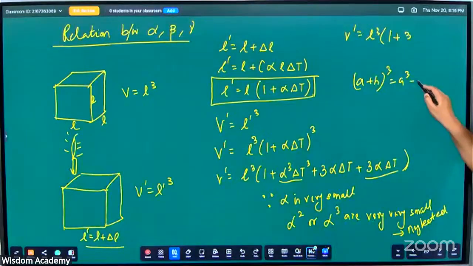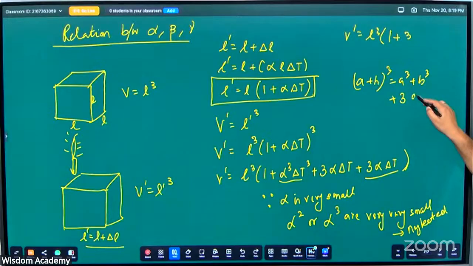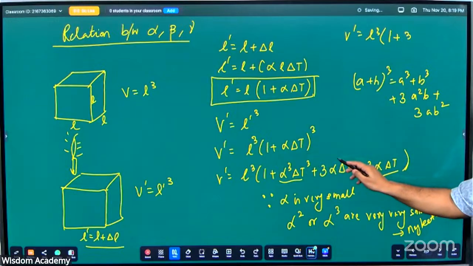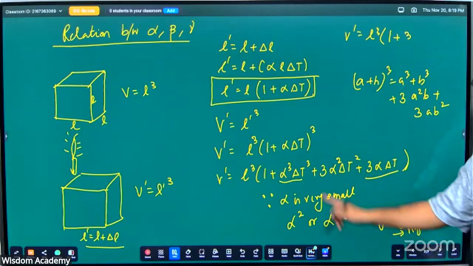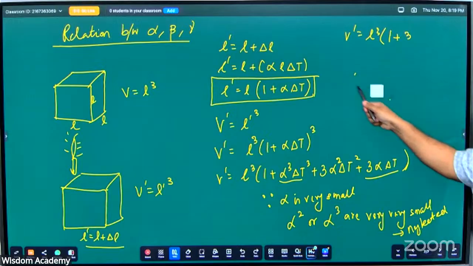A cube plus B cube plus 3 A square B plus 3 A B square. So this is A into B square. That's what I did first. And one will be alpha, because I'm doing the square of this one. Very good. Okay.